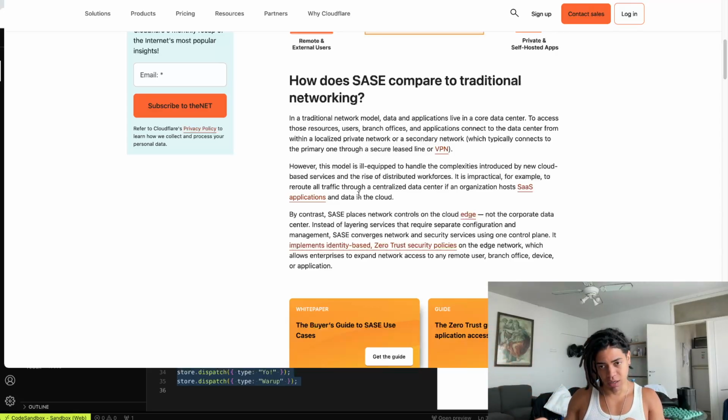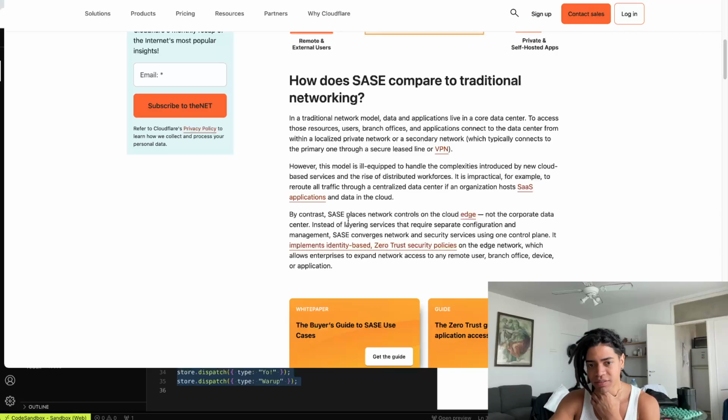And now with these convenient cloud solutions, the remote workers, the distributed workforce, can have access to resources closer to their locations.